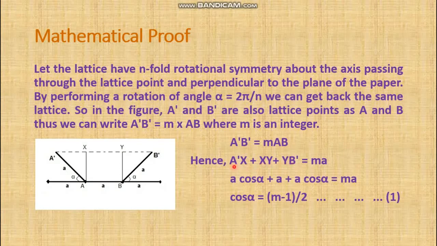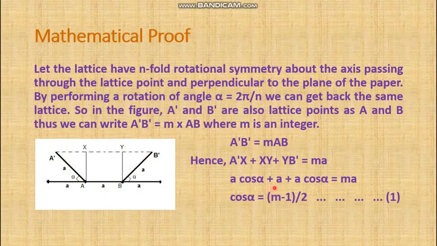Now what is the value of A dash X? If this angle is alpha, then this angle is also alpha, and this is the same edge length, isn't it? So this is a cos alpha. Similarly, this is also a cos alpha.